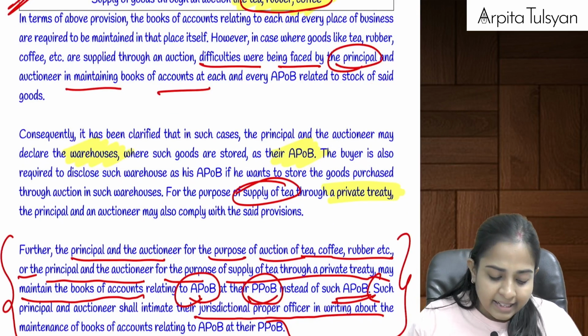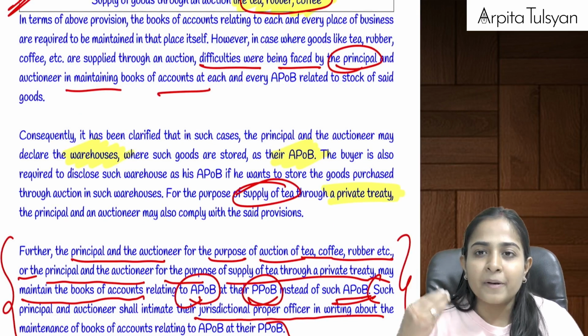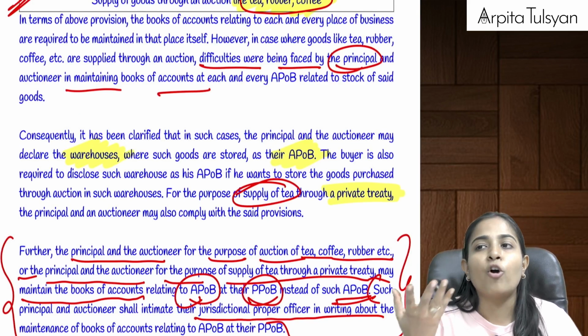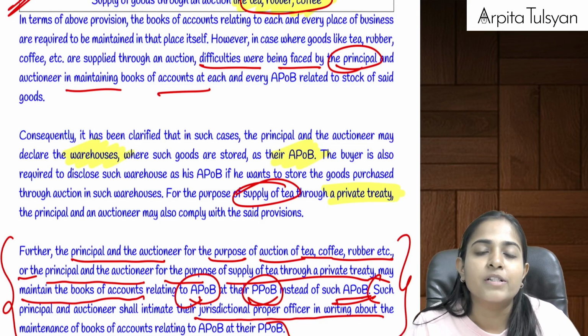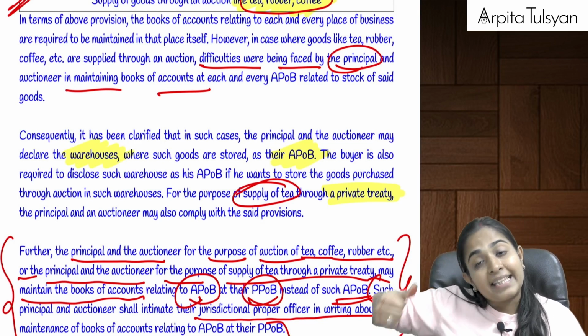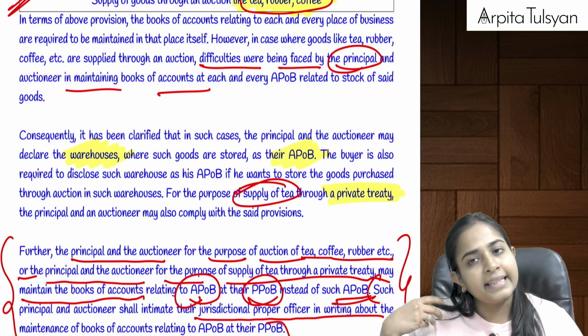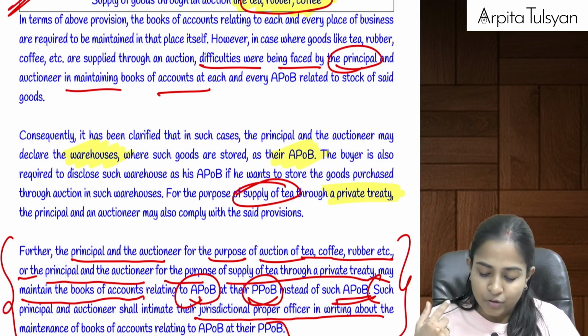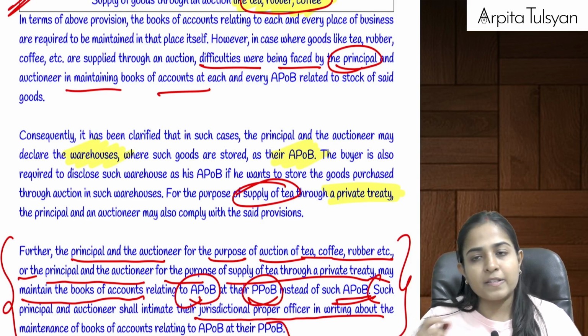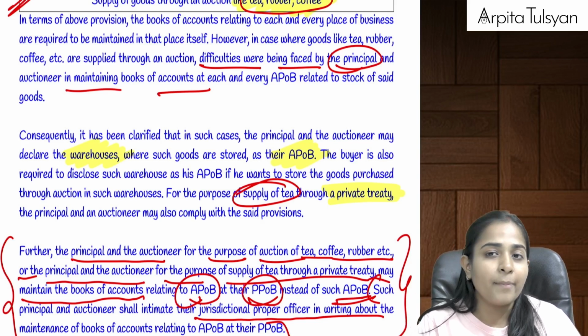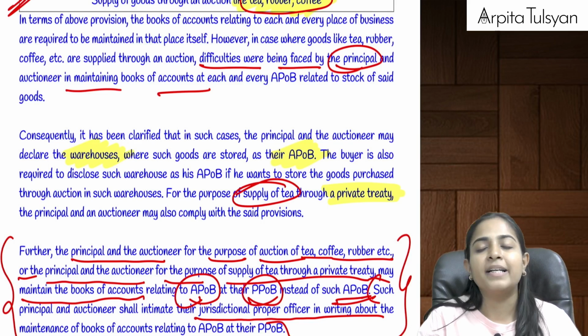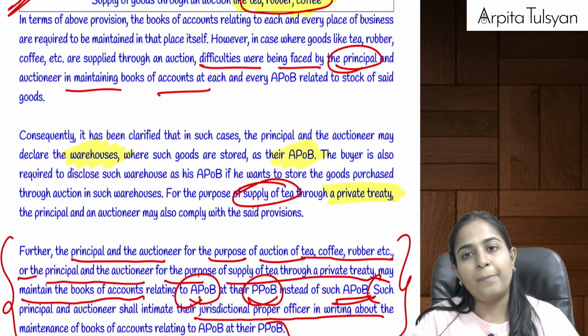But if the principal and the auctioneer want to maintain the records relating to this additional place of business at their principal place of business, because it becomes difficult to maintain them in that particular warehouse, then they can do so after informing the jurisdictional proper officer in writing that they are not maintaining it at the additional place of business, but at their principal place of business.